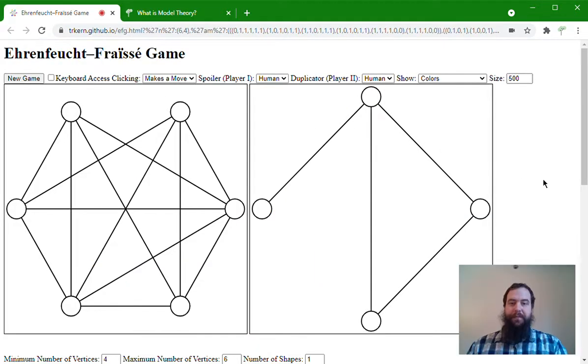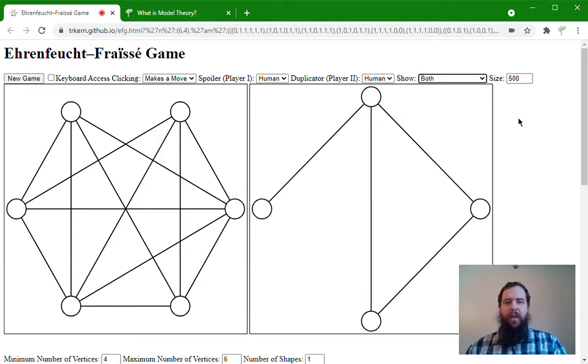So here I am over at trkern.github.io/efg. You can find this link. Everything's at trkern.github.io/HRUMC. So you can find that all there. So here's the Ehrenfeucht-Fraïssé game on 2 graphs.